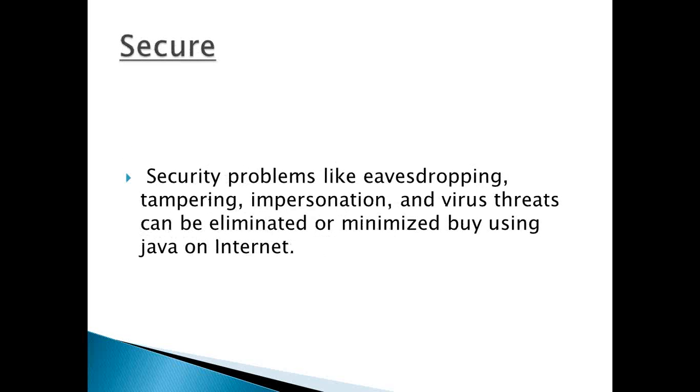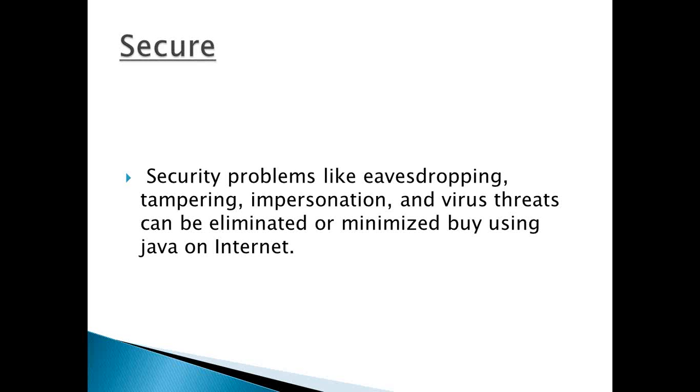The next is secure. What do you understand by the term secure? It's nothing but safety. Whom are you going to provide safety to here? You are going to save your code, your software.